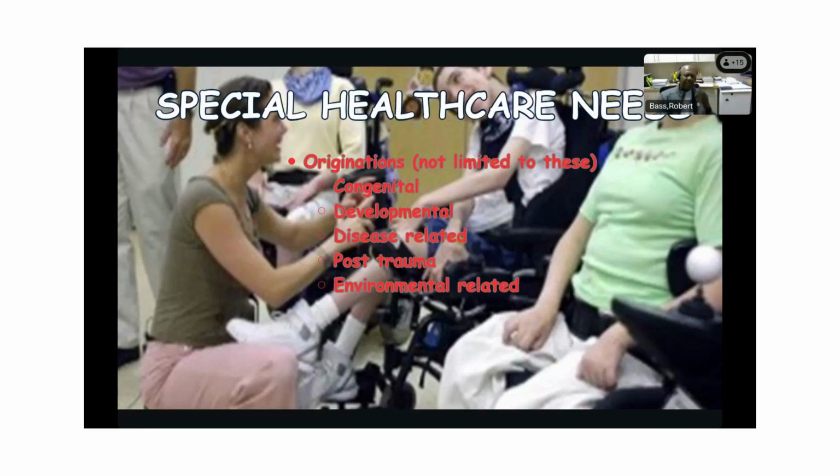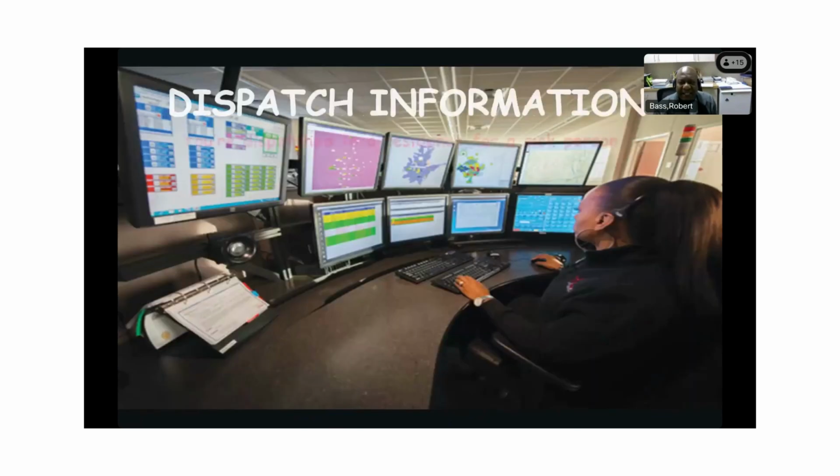Not only are you dealing with these special needs or congenital diseases, they often have other medical problems like heart conditions, hypertension, asthma, diabetes, and so forth. On top of that, we're dealing with specialty equipment that goes along with these patients. So, once again, they can be very, very challenging.